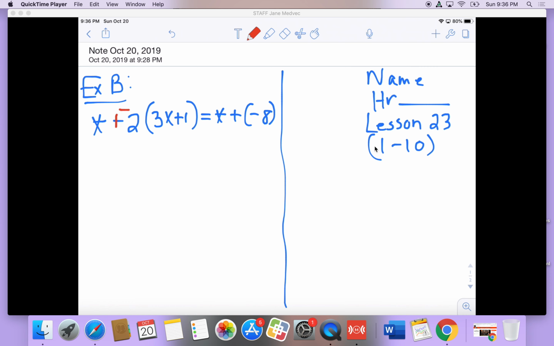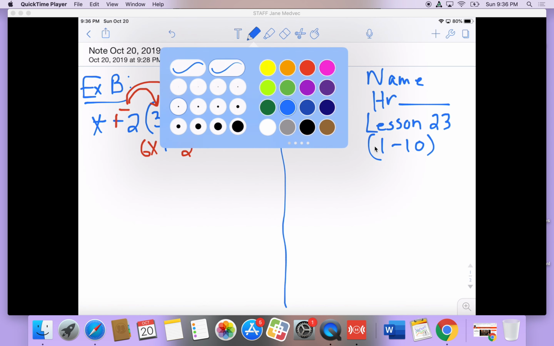Now we take negative 2 times 3x, and I get 6x. Then you'll notice that this little sign right here is a plus, so I'm going to do a plus. Then I take negative 2 and multiply it by 1 and I get negative 2. There's our distributive property now.